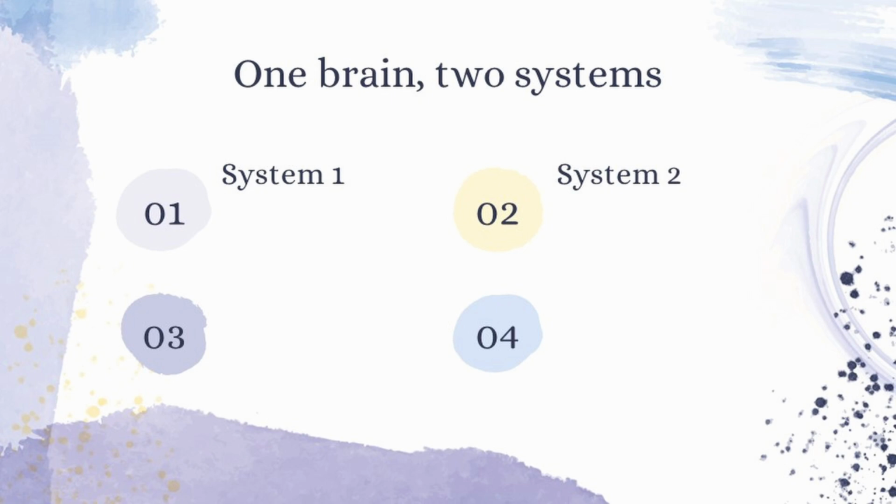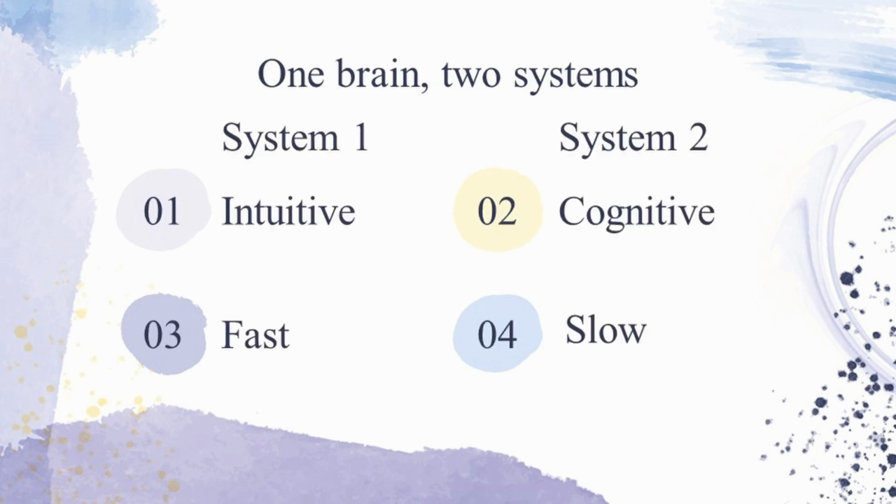Dr. Kahneman introduced the concept of one brain, two systems in his book, and you will see system 1 and system 2 on screen. In brief, system 1 is kind of like our intuition, and that is a fast process. System 2, we could conclude, is our cognitive thinking, and that is a slow process.